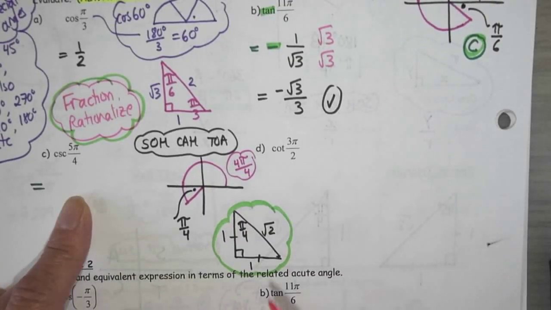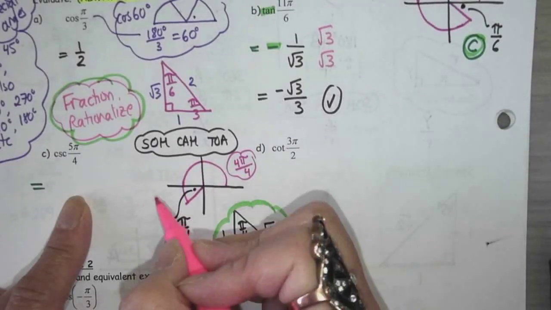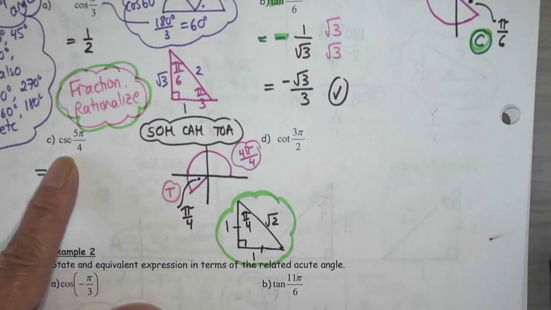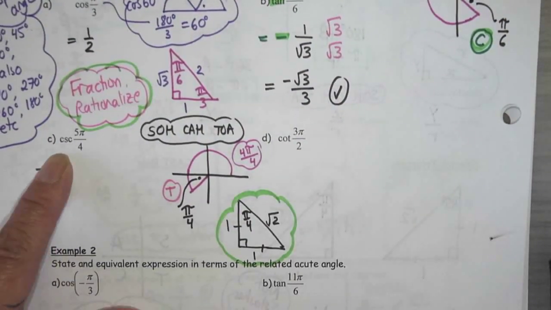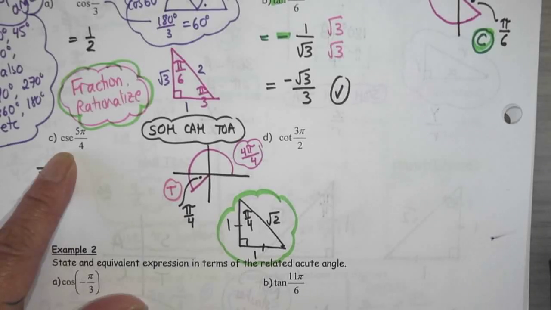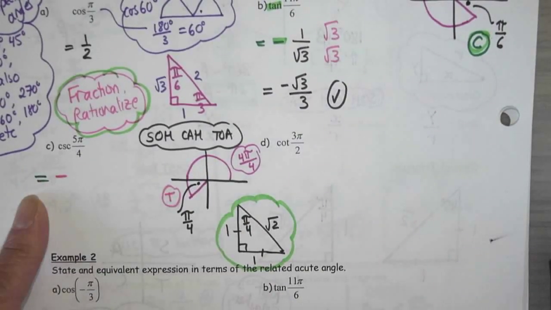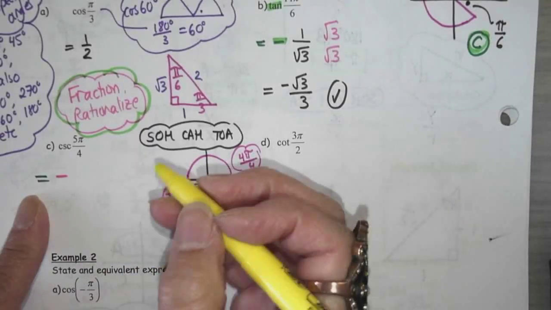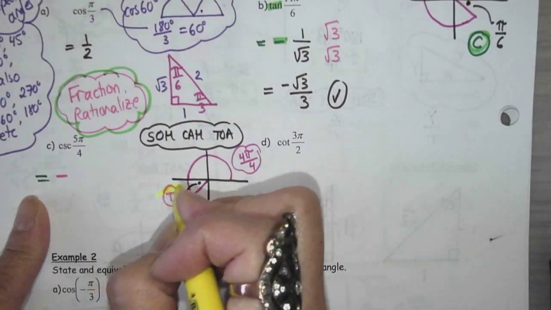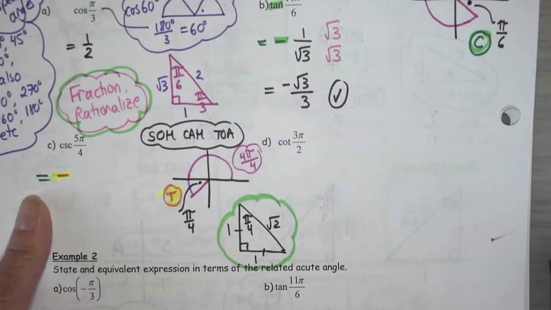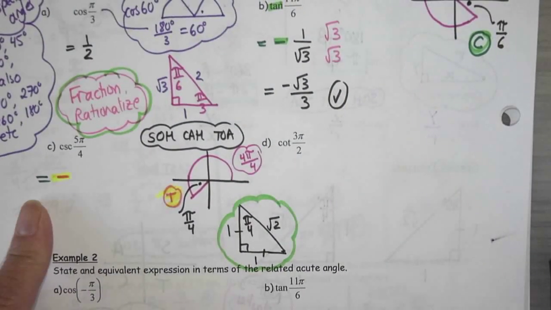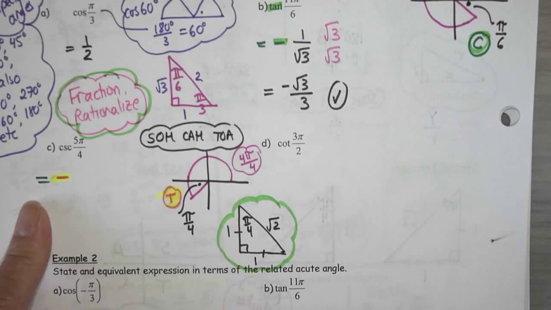CAST, I'm in T quadrant. Is the ratio tan or cotangent? No, I am not. So right away, I'm negative. Okay, and again, you can put that down right away. At least you got the negative. Okay, and then you do the rest of it. But that's why we have it in the quadrants. If it's positive or negative, you always search for that first.